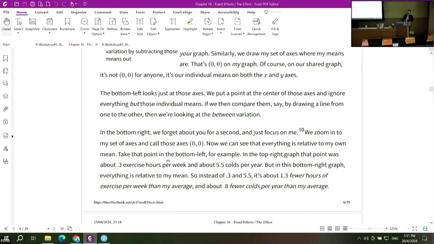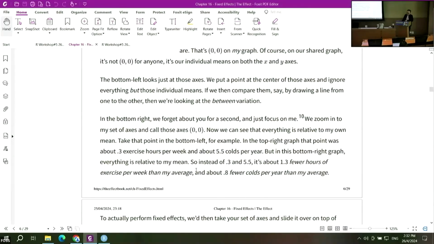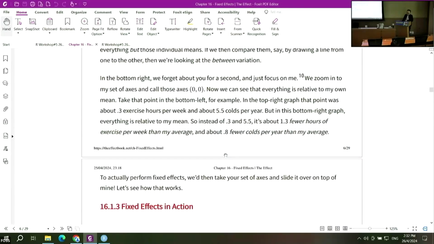For that point in the bottom left, in the top right graph the point was above: you get 3.3 hours per week, and for me that is like 5.5 codes per year. But in the bottom right graph, everything is relative to my own mean. So instead of 3.3 and 5.5, it's about 1.3 fewer hours of exercise per week than my average.